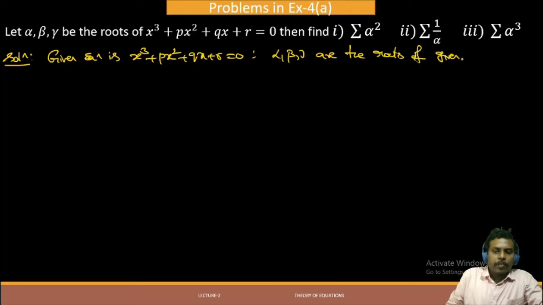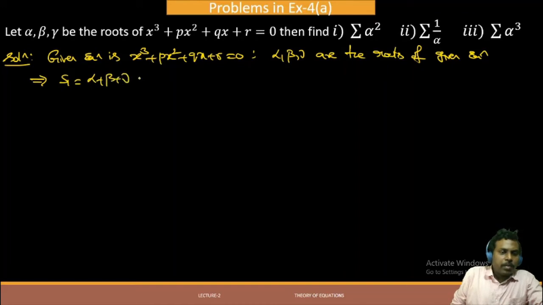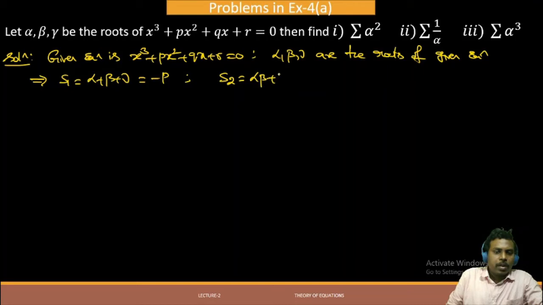Then we know that S1 is equal to alpha plus beta plus gamma is equal to minus B by A, that is minus p. And what is S2? S2 is equal to alpha beta plus beta gamma plus gamma alpha is equal to q. And what is S3? It is alpha beta gamma, that is equal to minus r.